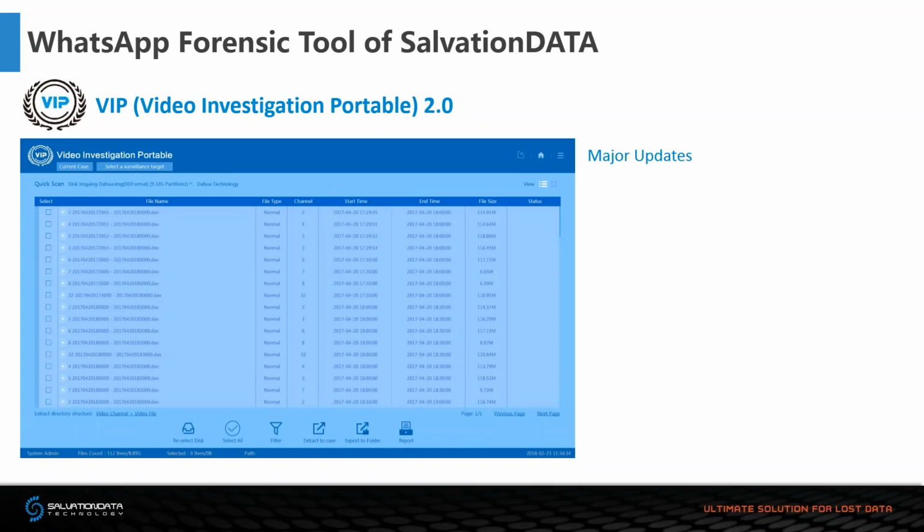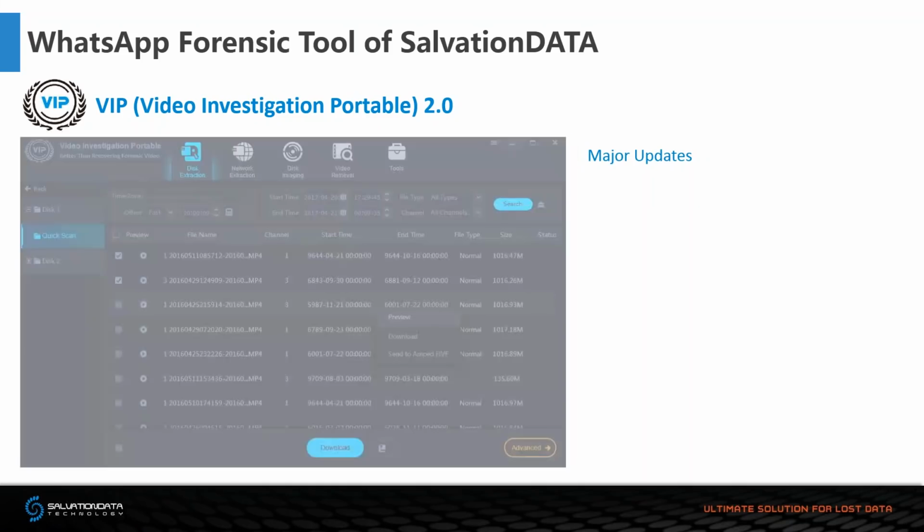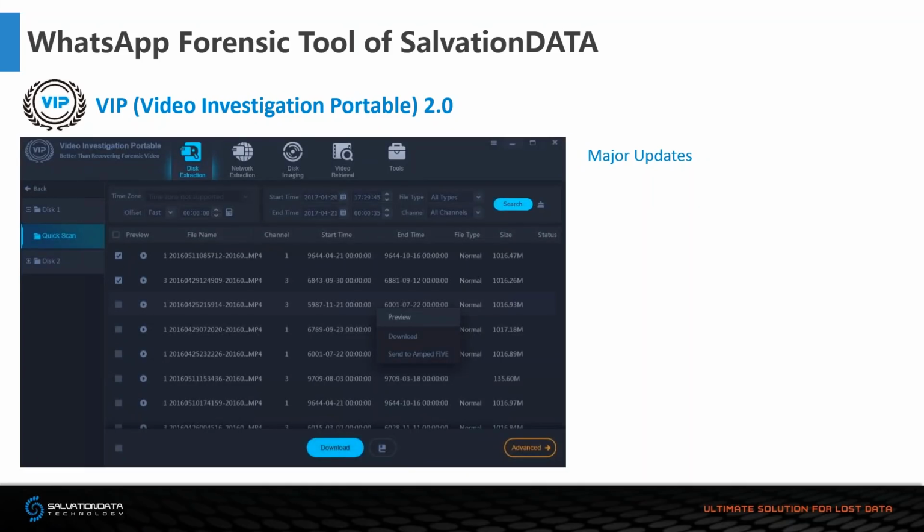Okay, next. Let's see what kind of improvements we have made to our DVR forensic system VIP, Video Investigation Portable. This is a screenshot of the old version VIP. And now what we are seeing is the redesigned brand new GUI for the new version VIP.